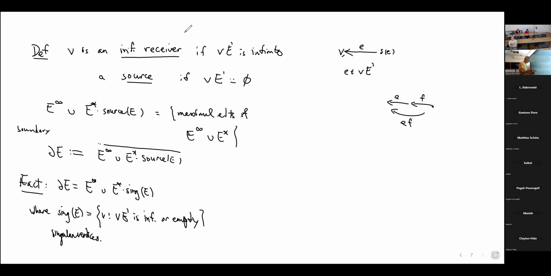And now let me just say that in analogy with the Cuntz-Krieger case, the theorem, we're now in quotations, that the space X, which I have on the board still, it's just E^∞ union E^*, all infinite and finite paths, defines the topological graph algebra.